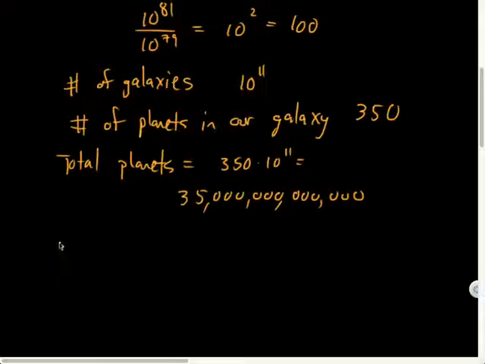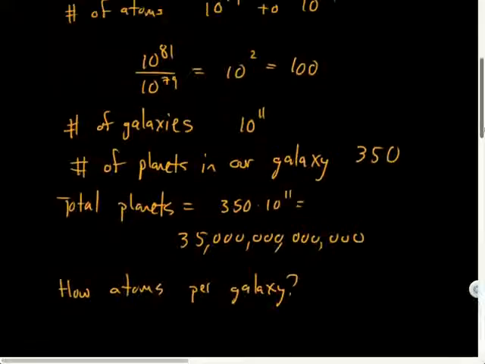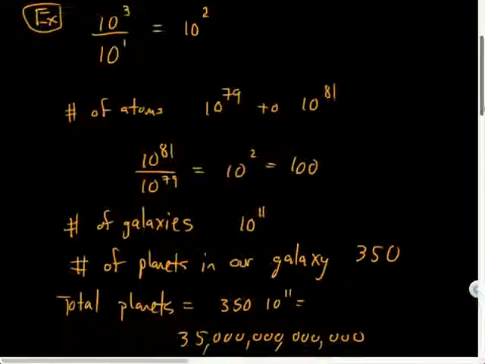Now, I've got a question. How many atoms are there per galaxy? Well, let's see. Do we have the information I need to figure that out? Wait, atoms. I didn't mention anything about planets. How many atoms are there per galaxy?